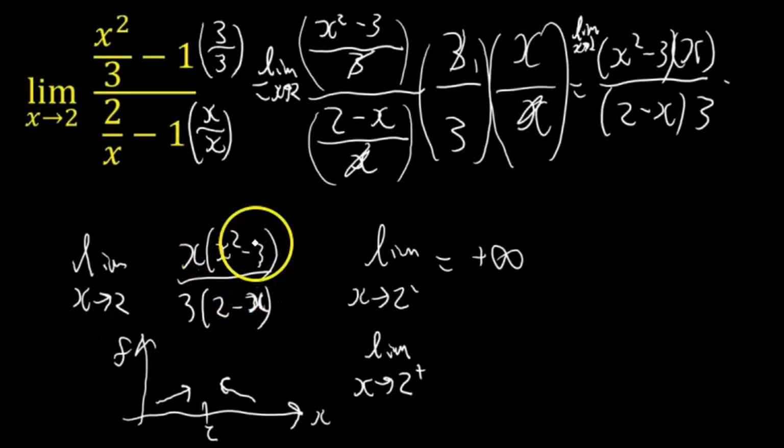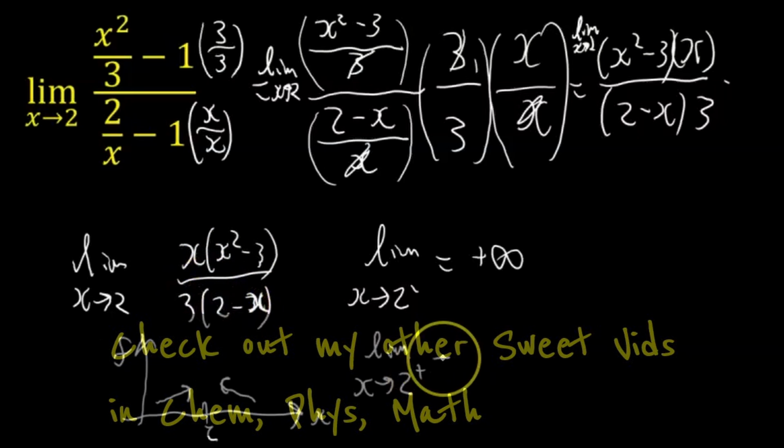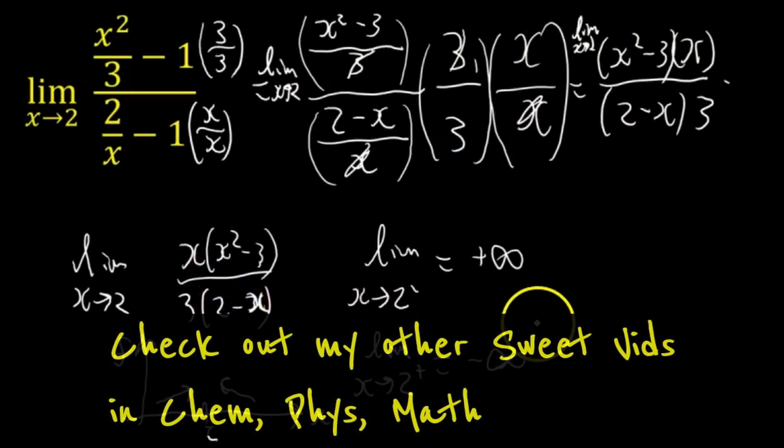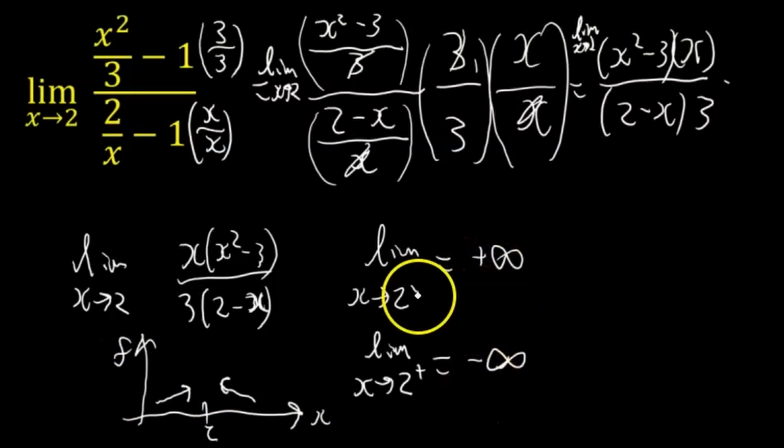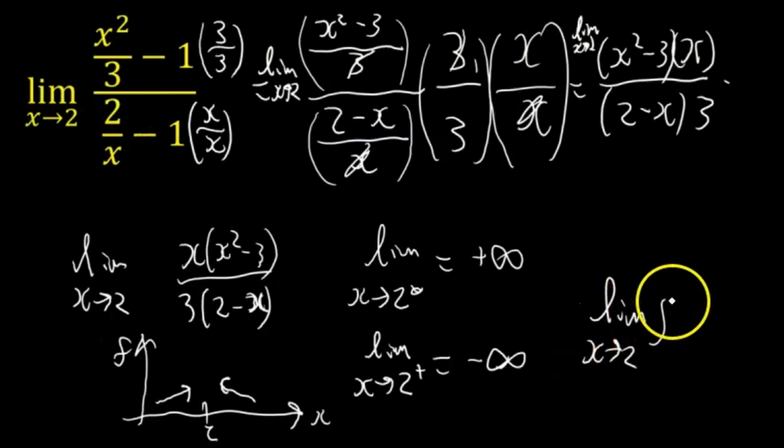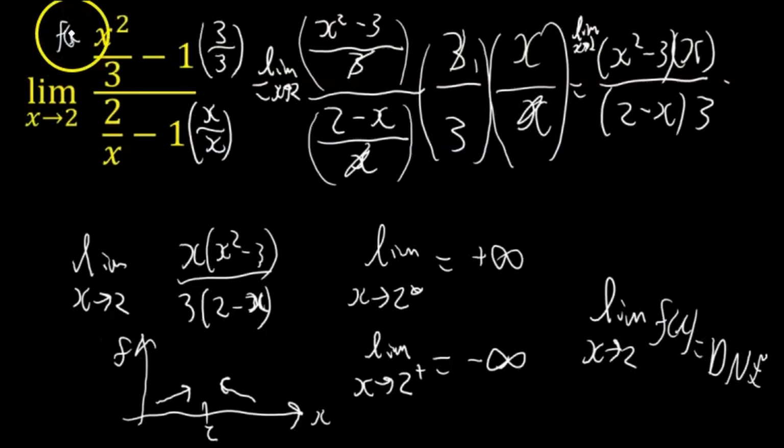So this whole thing is going to infinity, but it'll be negative infinity here. Since the limit from the left-hand side does not equal the limit from the right-hand side, this limit doesn't exist. So the limit as x goes to 2 of our function does not exist, DNE. And we'd have to define this as our function here.